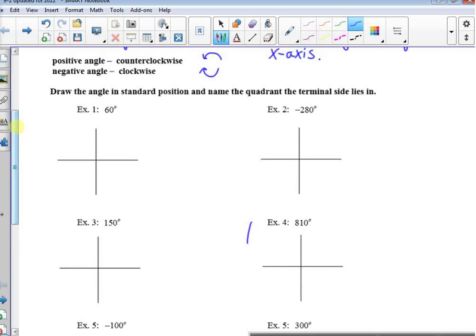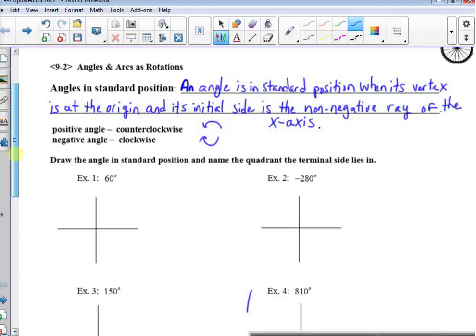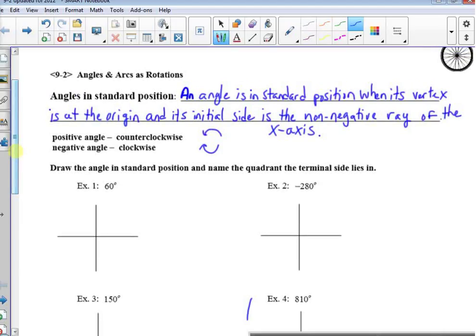So to draw an angle of 60 degrees, we want the vertex at the origin, and its initial side is the non-negative ray of the x-axis, and the terminal side, where it ends, is at 60 degrees.